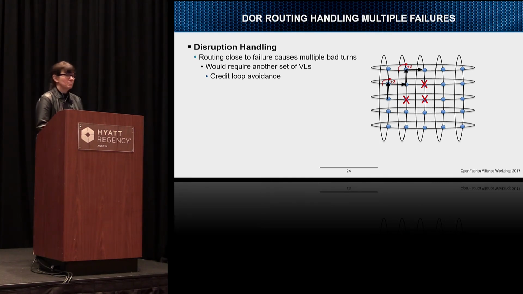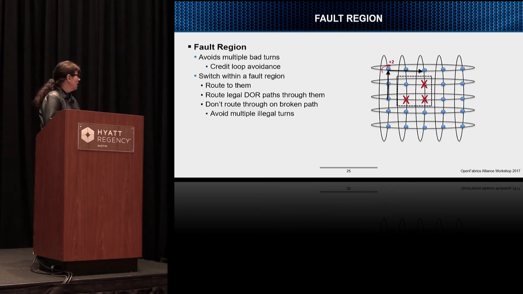Okay, so what happens when we have a number of disruptions? In this case, a few switches are now missing. Now, if we were going to route around this closest to the disruption, you would have to increment your VLs twice. Since we're using 4 VLs for this, that would cause some pain because we don't have that many VLs. So how do we do this? We've introduced something called fault regions. So if this switch here would be defined to be in a fault region, this fault region is here.